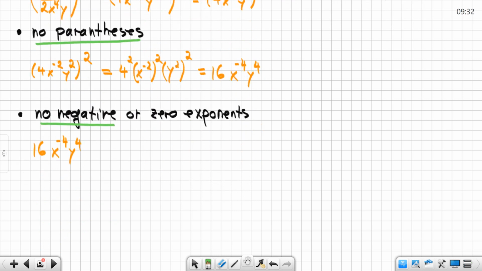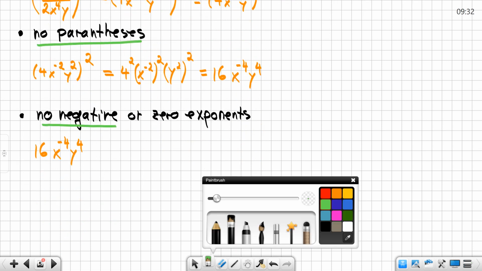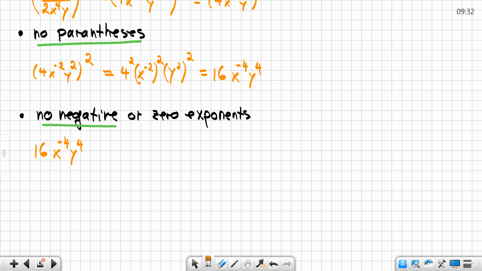So there is one last thing that we need to do to finish this problem off. I see that the base x has a negative 4 as an exponent. This needs to be fixed, and it can be fixed very easily. It just has to move into the denominator, and the negative 4 turns into a positive 4.